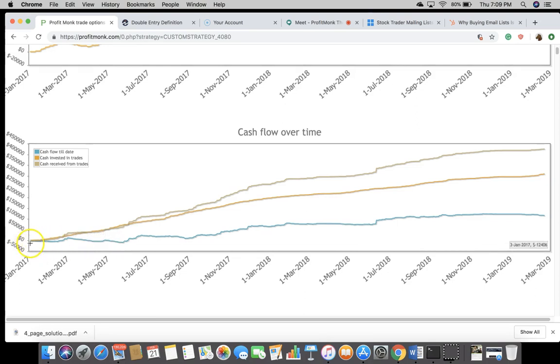So you start here and you start buying, and the orange line starts going up and up and up, and the blue line starts to go down and down and down. The blue line is the difference of how much money you have invested, the orange line, and how much money you have received.